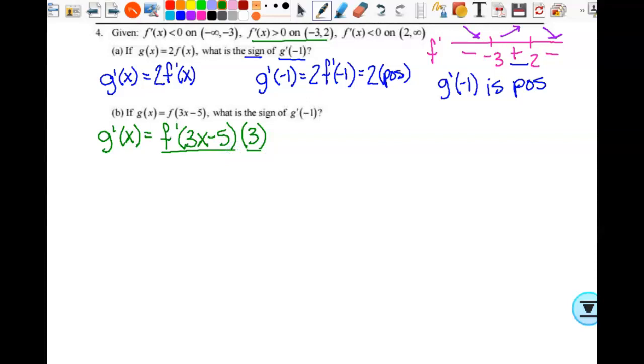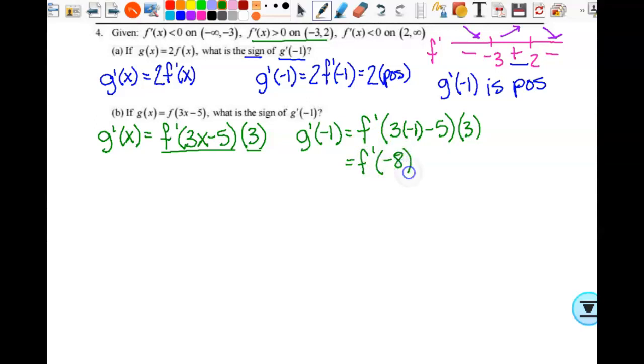Okay, so then I need g prime of negative 1. So g prime of negative 1 is f prime of 3 times negative 1 minus 5 times 3, right? So that's negative 3 minus 5, so that is f prime of negative 8 times 3.